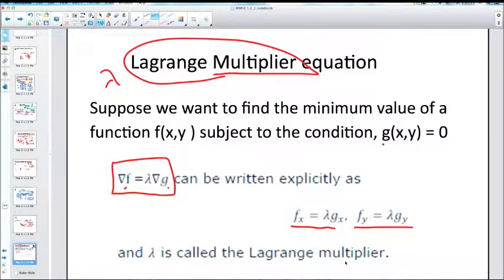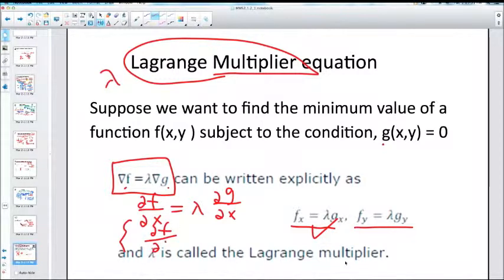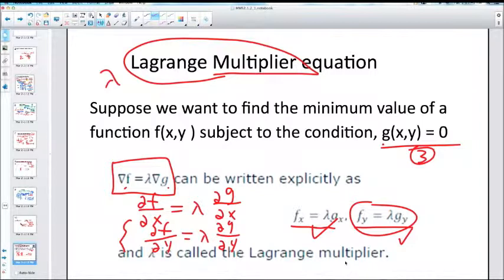The partial f partial x equals lambda partial g partial x, that's one equation. And partial f partial y equals lambda partial g partial y, that's the second equation. This is the third equation. How many variables do we have? We have x, y, and lambda, three variables. And three variables and three equations give you an algebraic solution.